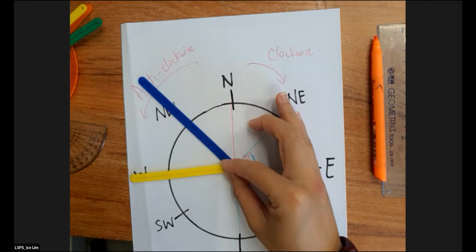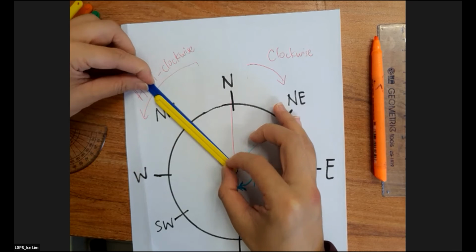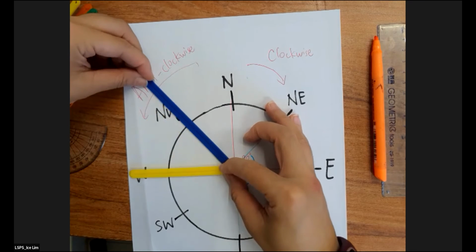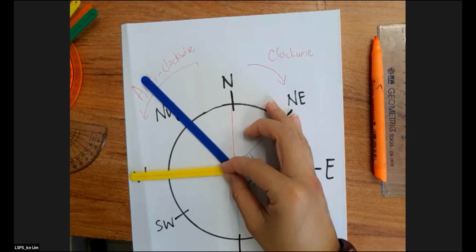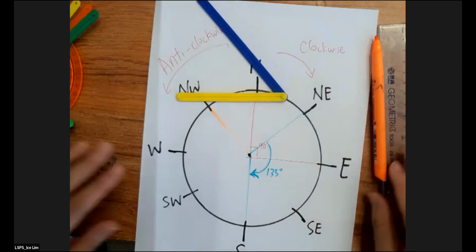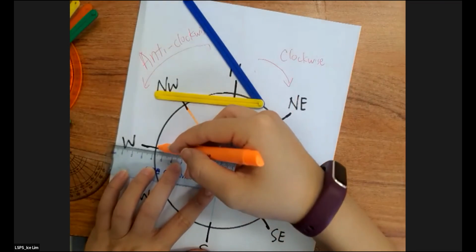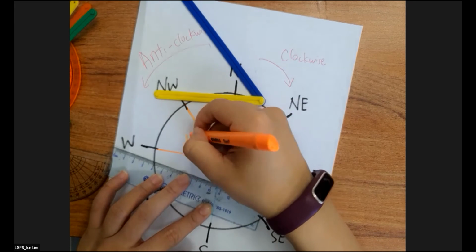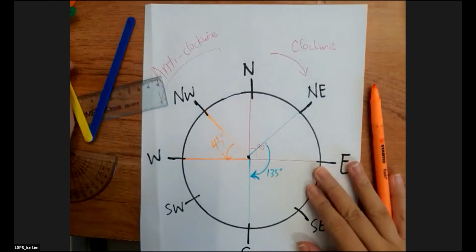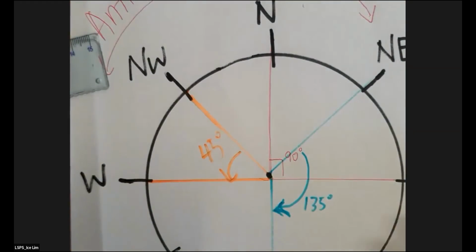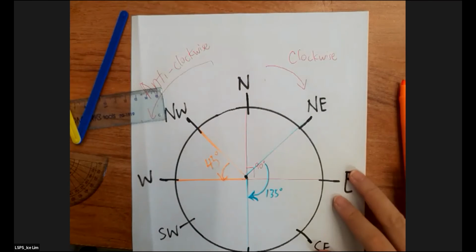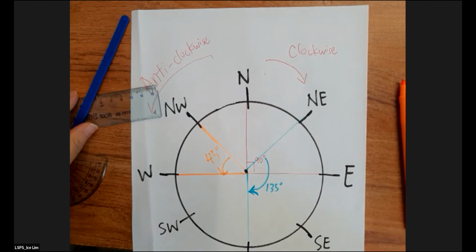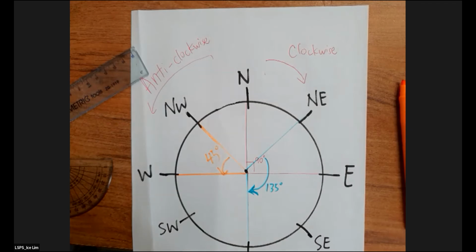What is the degree? If I start at northwest, I go to west anti-clockwise, what is the degree? 45, thank you. Can you understand what I'm doing here? Okay, I give you another 1 minute to play a while more.